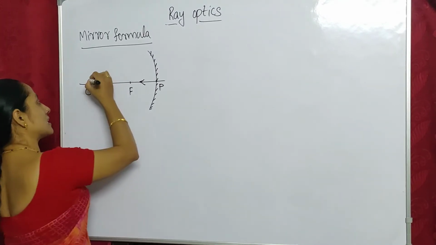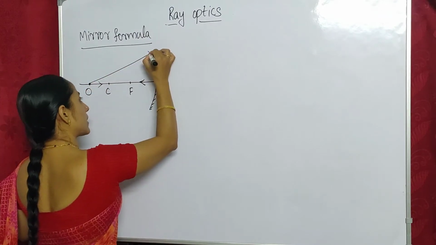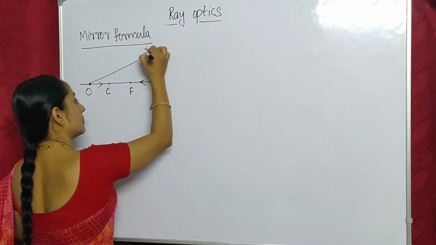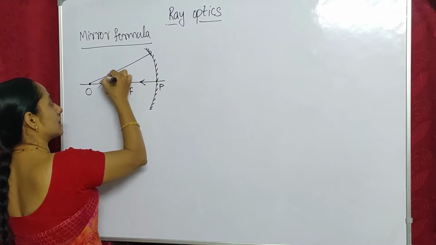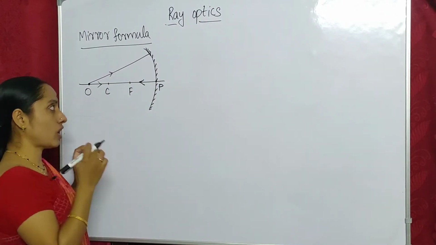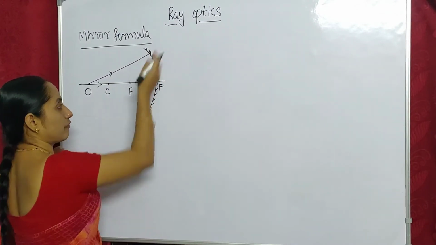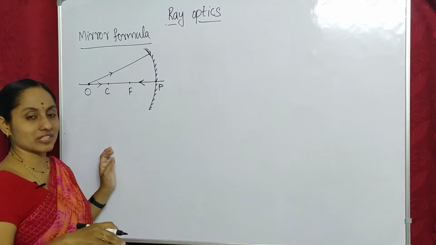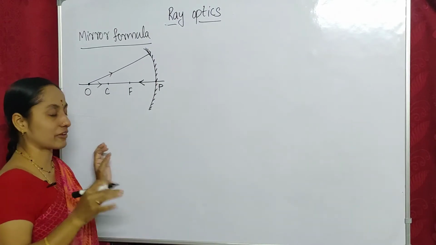Okay. Second incident ray at any point where it is touching the mirror. So this is another incident ray. Now, how would this incident ray reflect? Whatever is the angle of incidence, the same will be the angle of reflection.